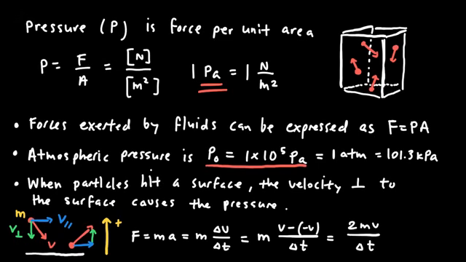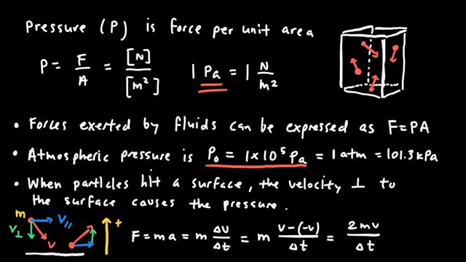And atmospheric pressure is 1 times 10 to the 5 pascals, which is also redefined as the unit of 1 atmosphere, or 101.3 kilopascals. All three of those units are important. They're all equivalent measurements of atmospheric pressure.